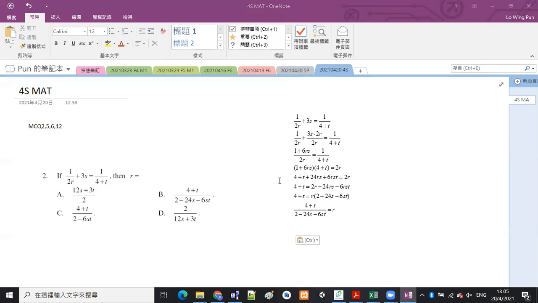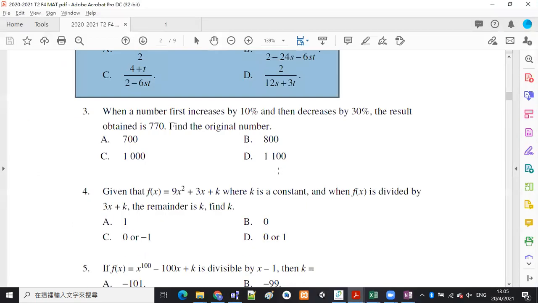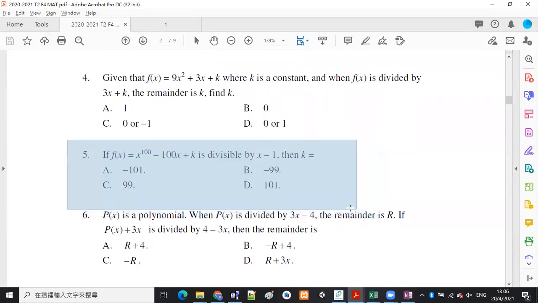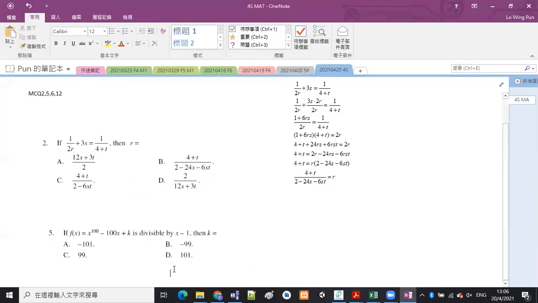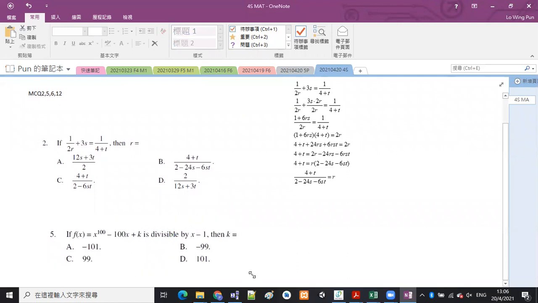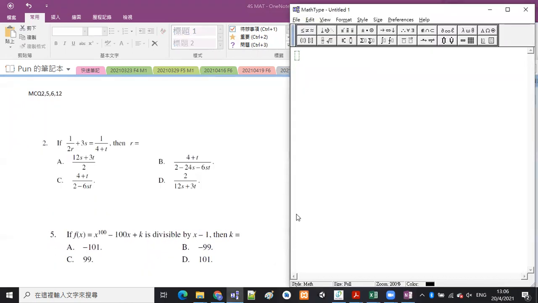So next should be question number 5. If fx is equal to x to the power 100 minus 100x plus k and is divisible by x minus 1. So when you see the keyword divisible, it means remainder equals 0, right?